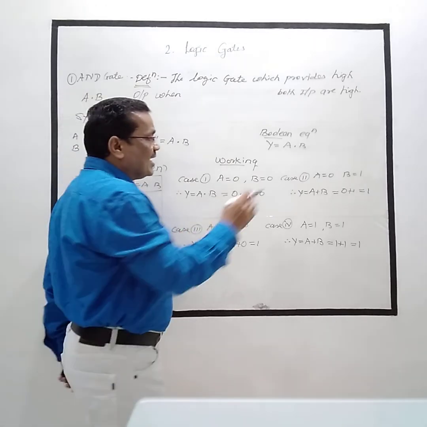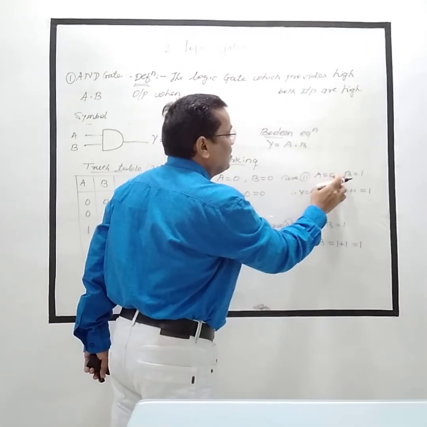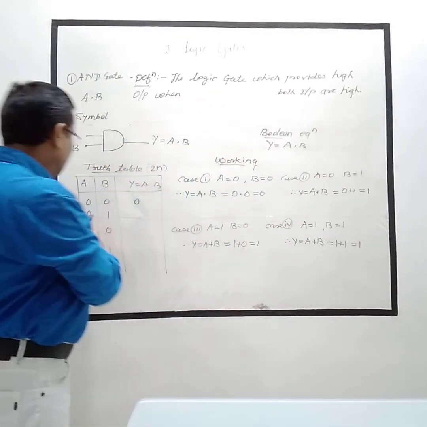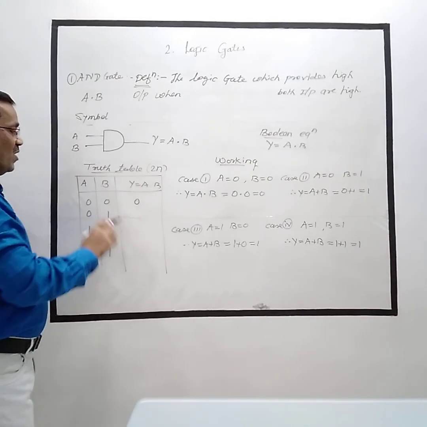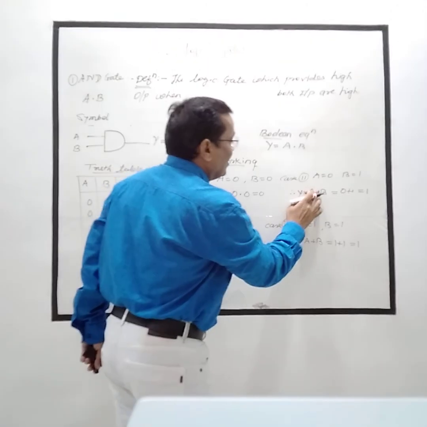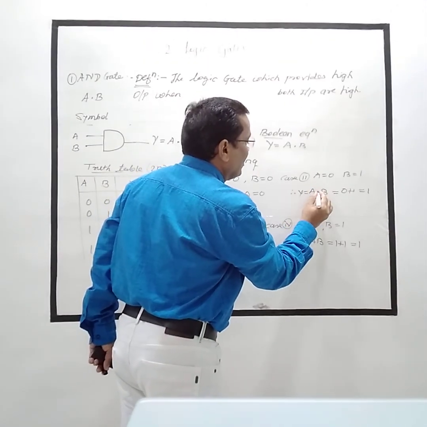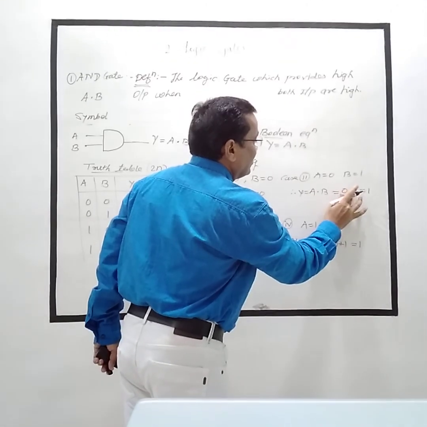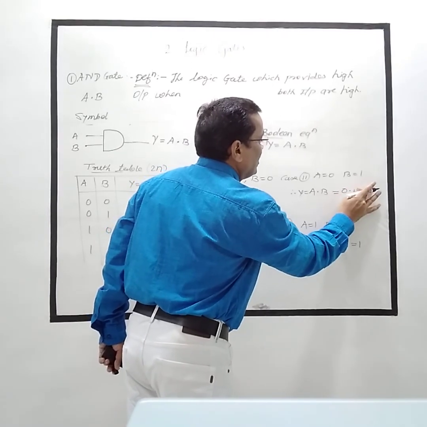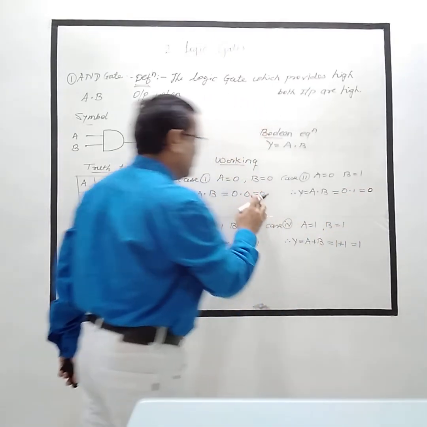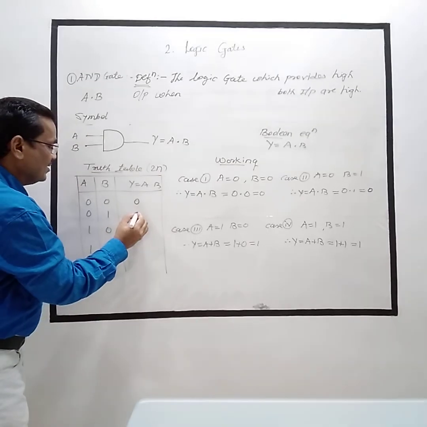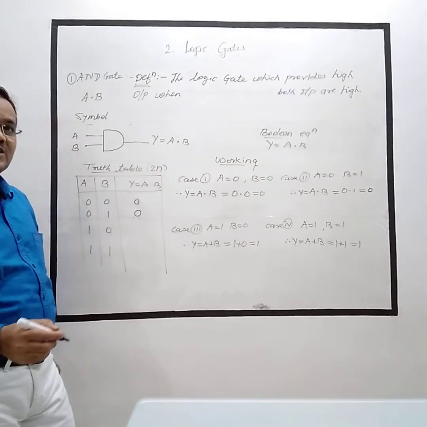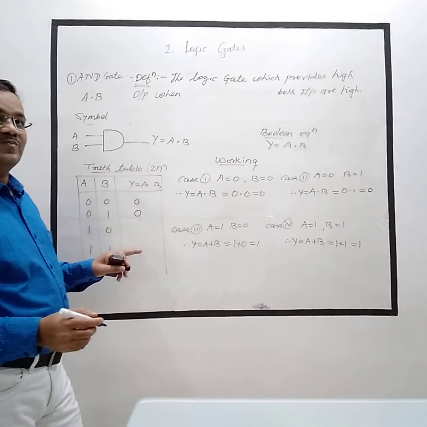Similarly, in the second case, A is equal to 0, B is equal to 1. In this way, according to the Boolean equation, 0 into 1 is equal to 0. So this is the second condition.